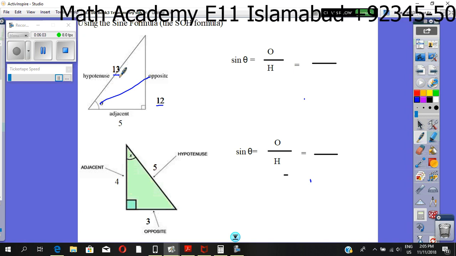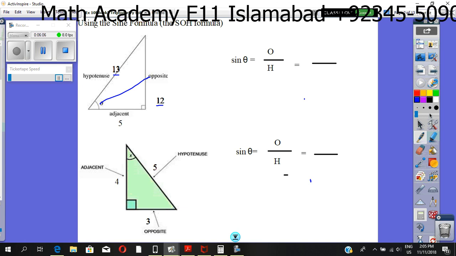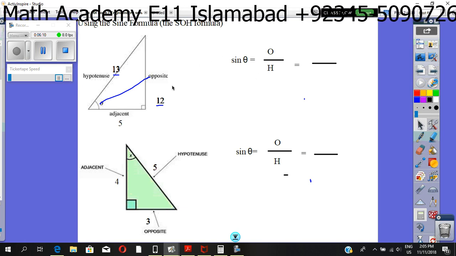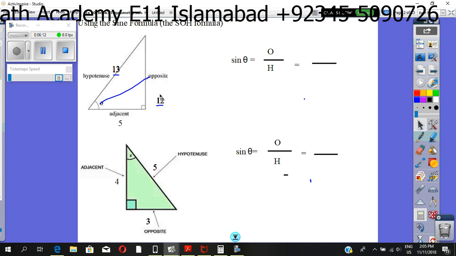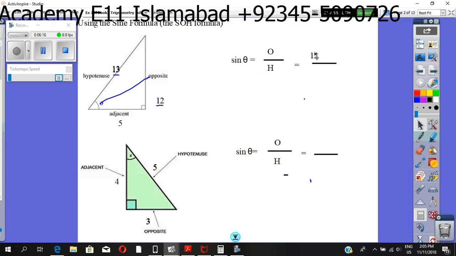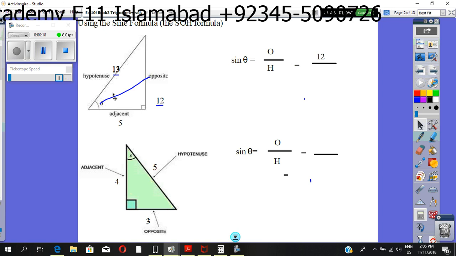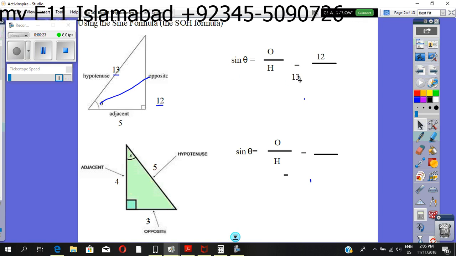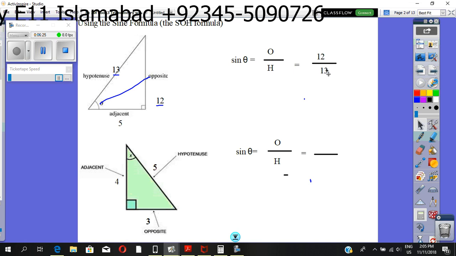We are supposed to write sine theta. First of all, we are supposed to recognize the opposite. Opposite is 12 over here, over the hypotenuse, the longest side, which is 13. So we get 12 by 13.